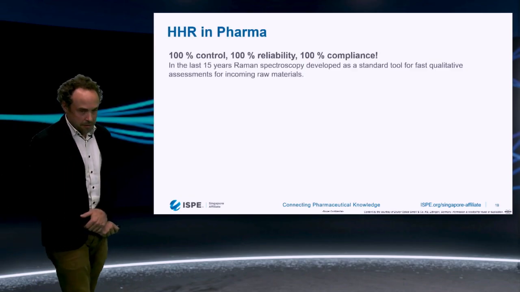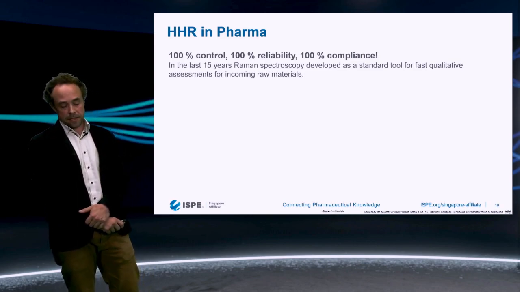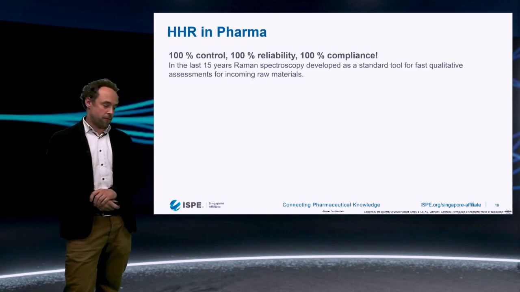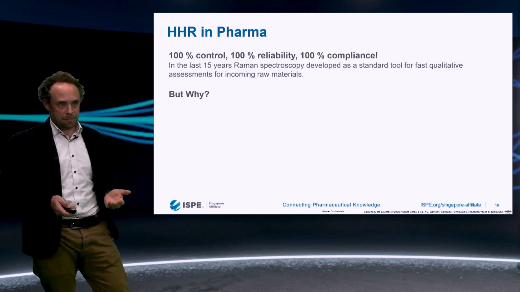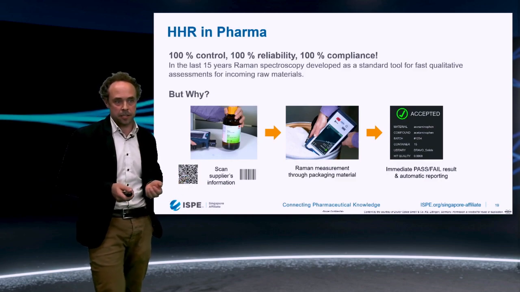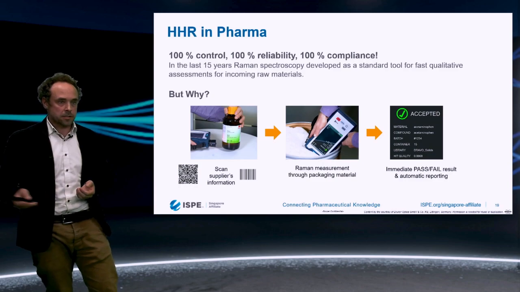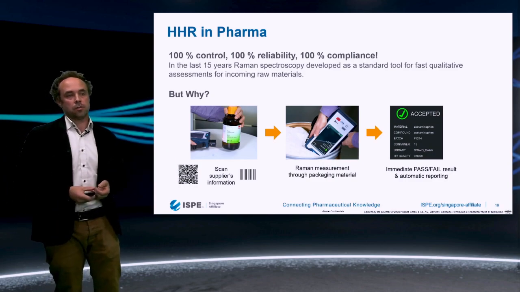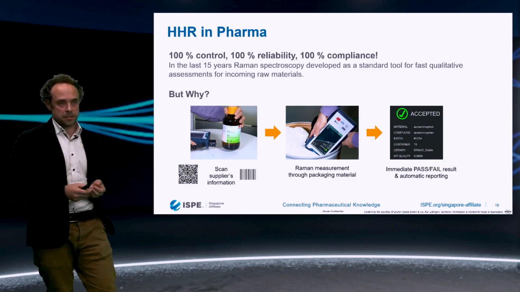In the past 15 years, I would say, handheld Raman spectroscopy has developed into a standard tool for fast quality control of incoming raw materials. Why did this happen? It's simple because it's so simple. Most handheld devices include barcode scanners, so you just scan the barcode on the packaging and have the material information in the system.